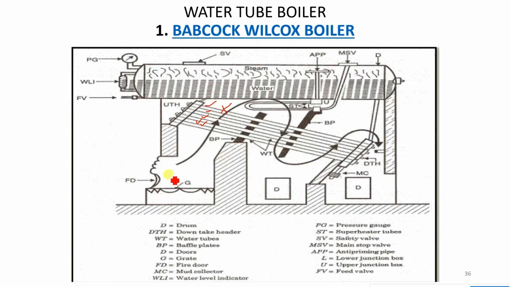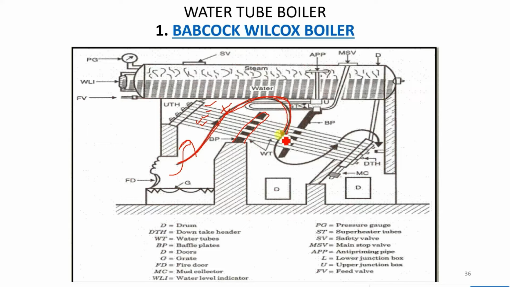Now, when flue gases flow in the upward direction from the furnace, first they move upward and strike the boiler drum, and then move in the downward direction. Look at here. These baffle plates are provided in such a way that flue gas moves upward first, then downward. Here a restriction is there.